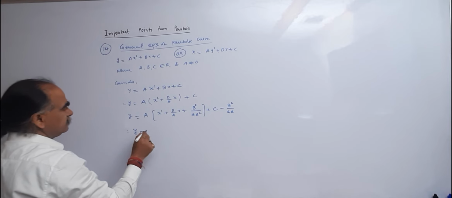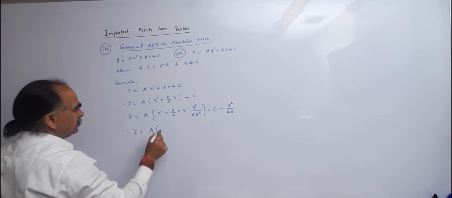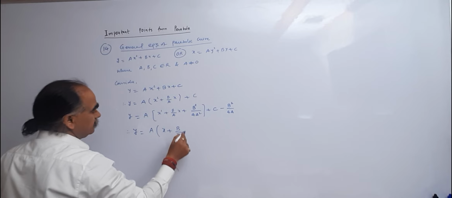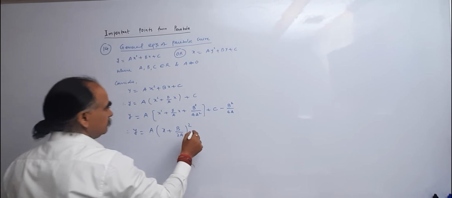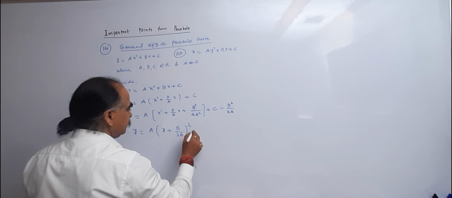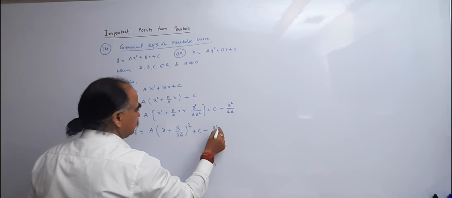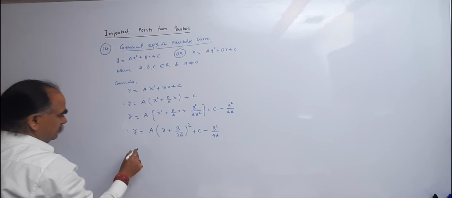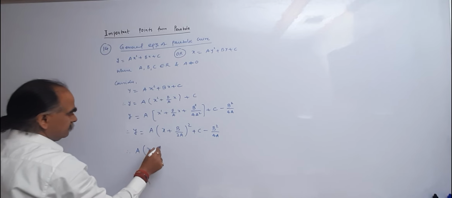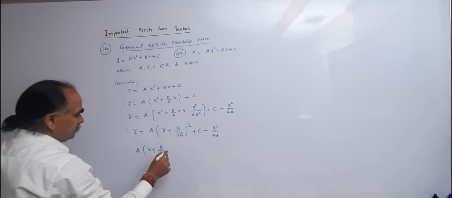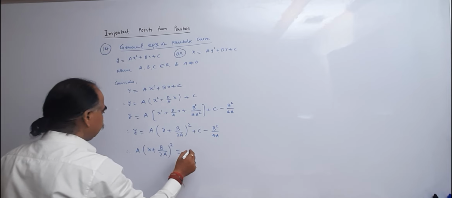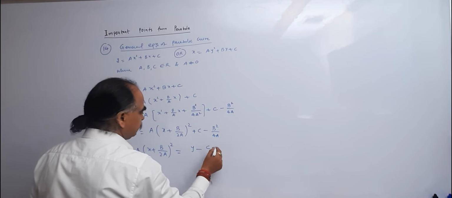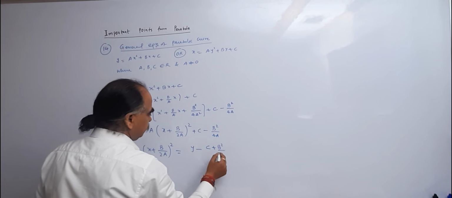So y is a into x plus b by 2a the whole square plus c minus b square by 4a. Now bring this on this side. So a into x plus b by 2a the whole square is equal to y minus c plus b square by 4a.